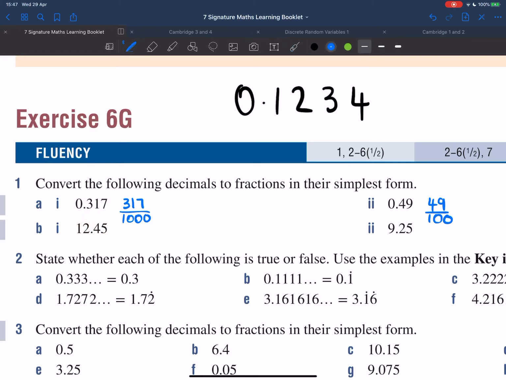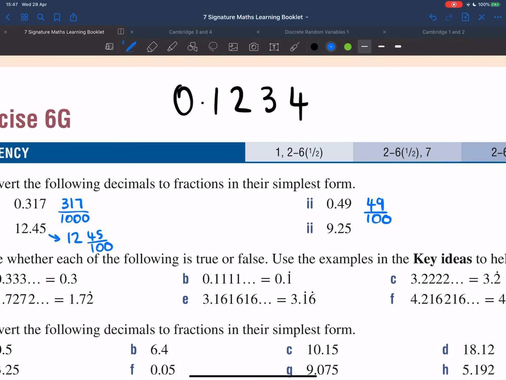We treat the whole number by just writing the whole number like that, and then we do decimal 45 the same way we did decimal 49 over here, right? So in this case, it would be 12 and 45 hundredths. 12 and 45 hundredths.